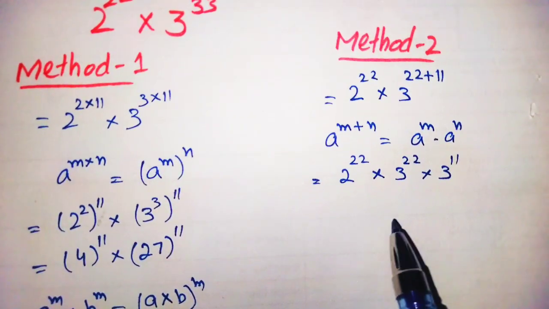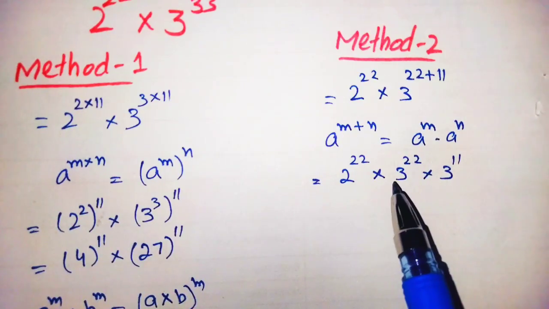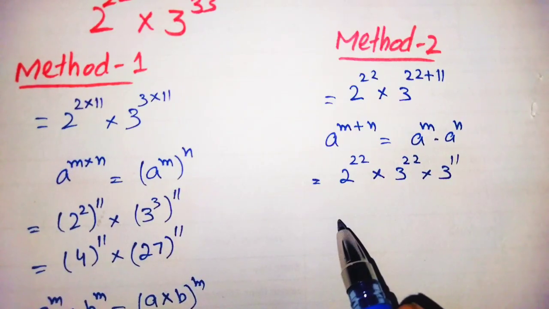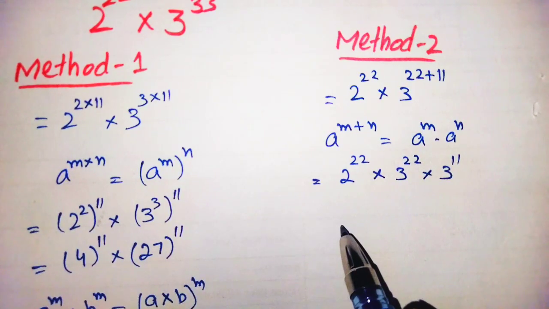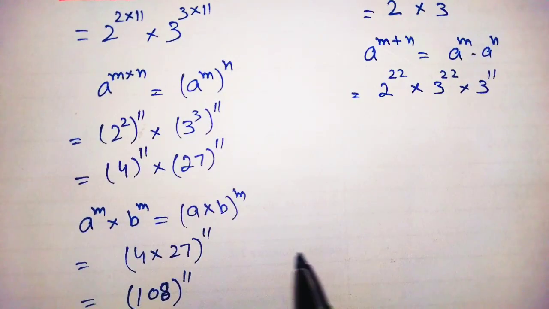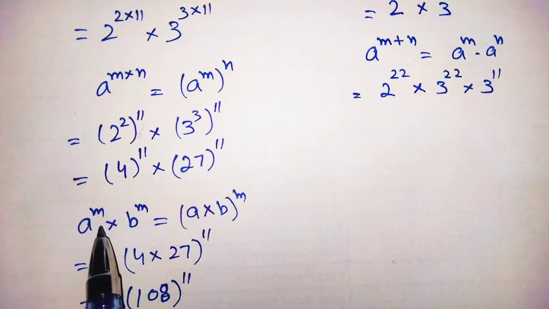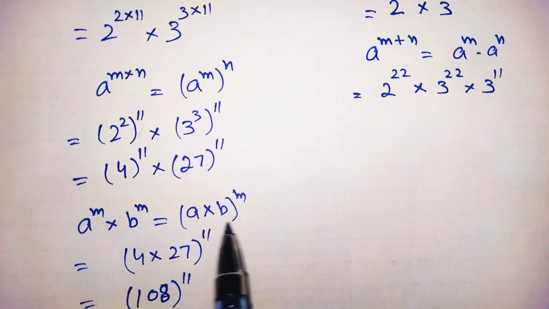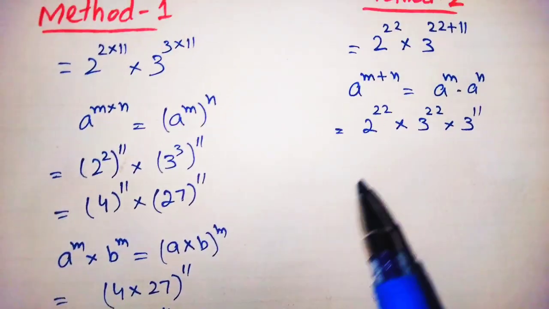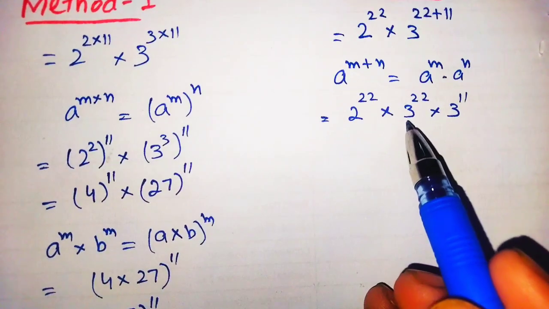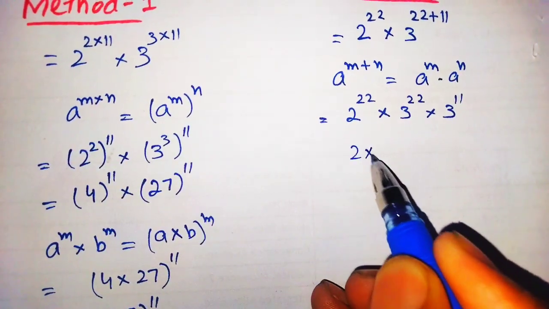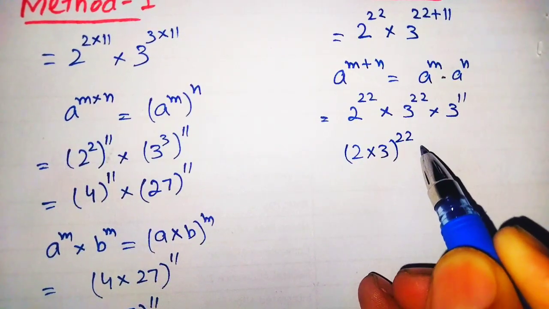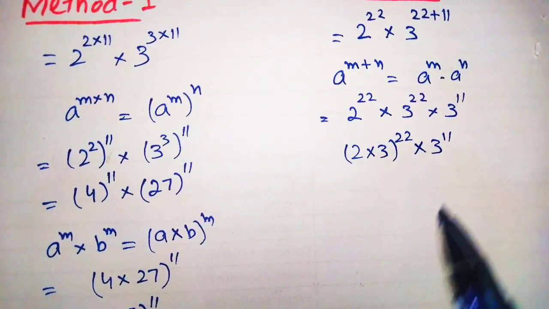Now from this we can see that the first two terms have the same powers, so we can write them combinedly, in accordance with the formula we stated earlier in method number 1, that is a raised to power m times b raised to power m is equal to a times b whole raised to power m. So according to this formula, we can write these terms as 2 times 3 whole raised to power 22 times 3 raised to power 11.